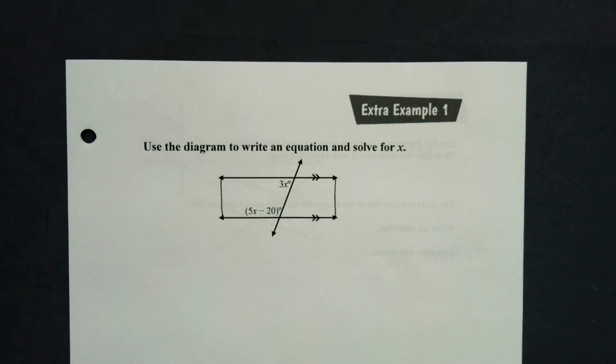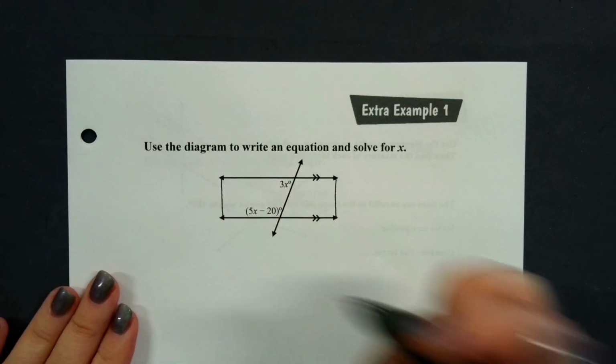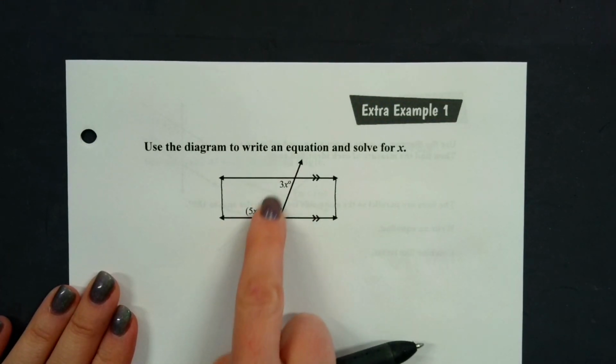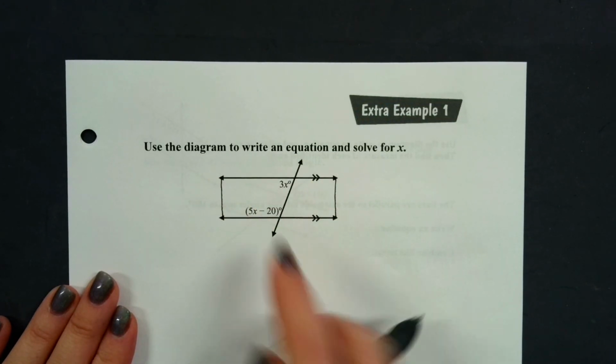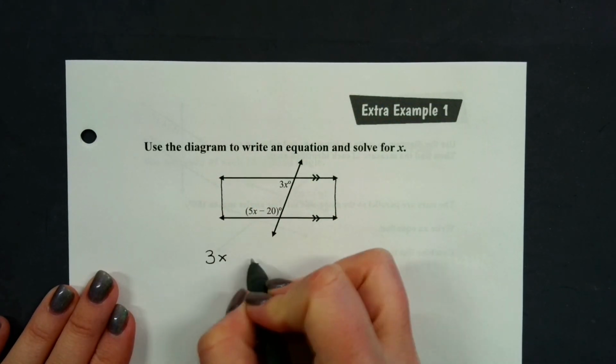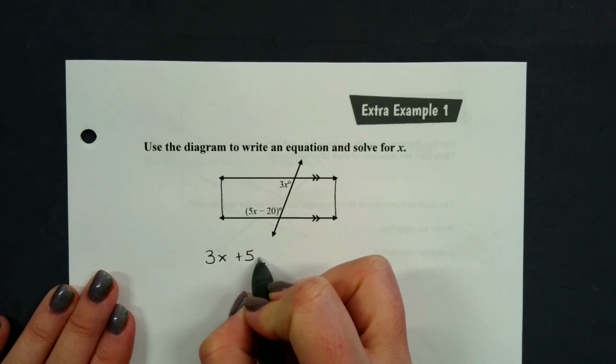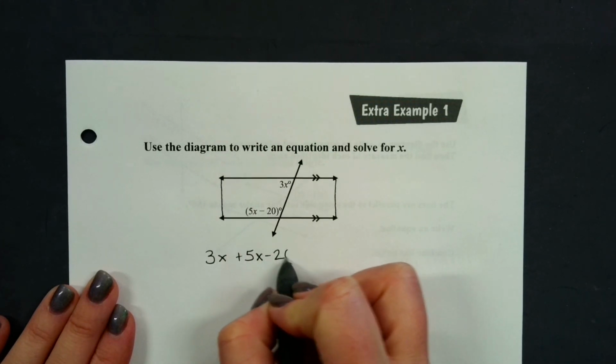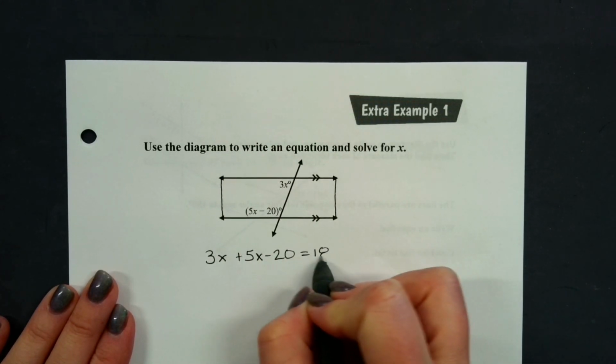What's the only one that's set equal to 180? Same side interior. So we notice they're on the same side and on the interior side. So this is the only one that is set equal to 180.